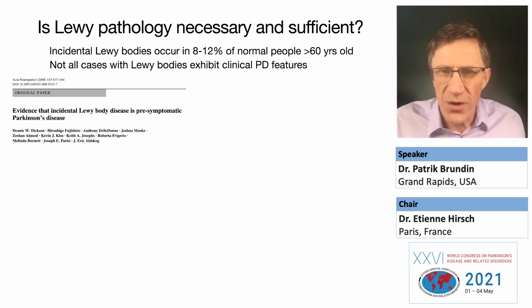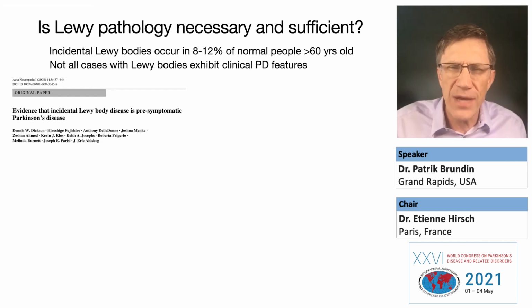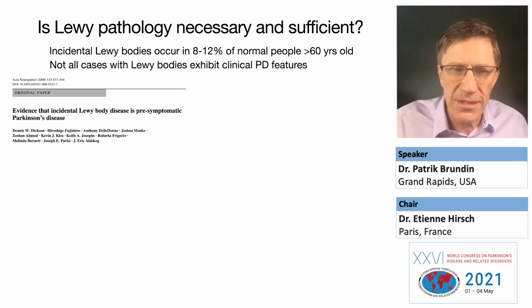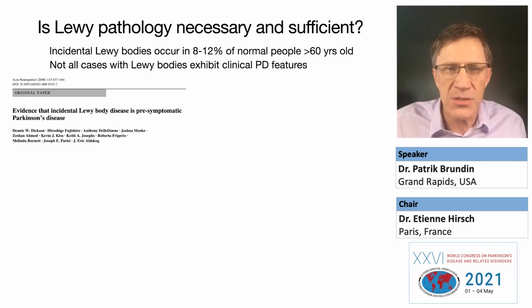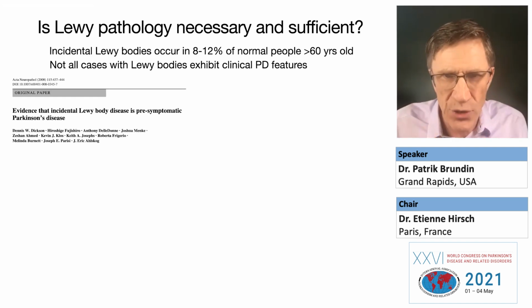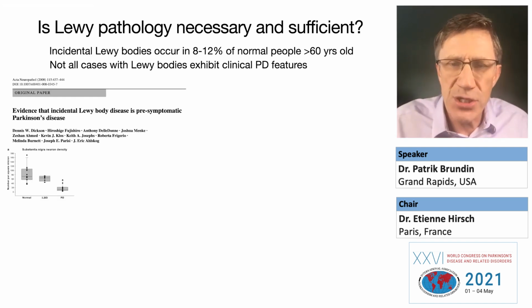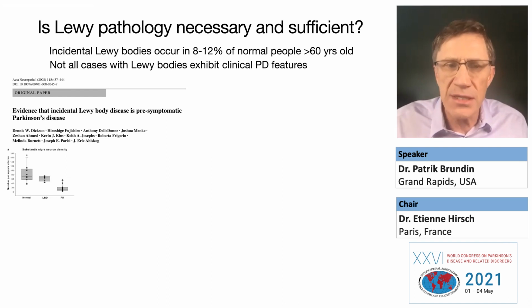And there are a few papers one can look at here where people have actually in detail, and this team here headed by Dennis Dickson is one of them, in detail looked at the pathology in these individuals with what we call incidental Lewy body disease because they were neurologically normal. And the substantia nigra neuron density was decreased in these individuals.